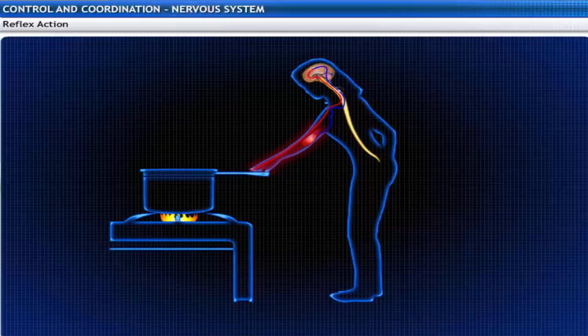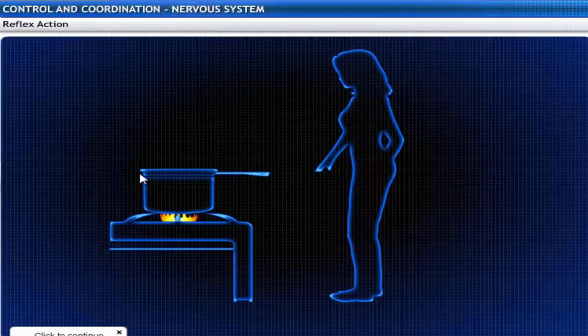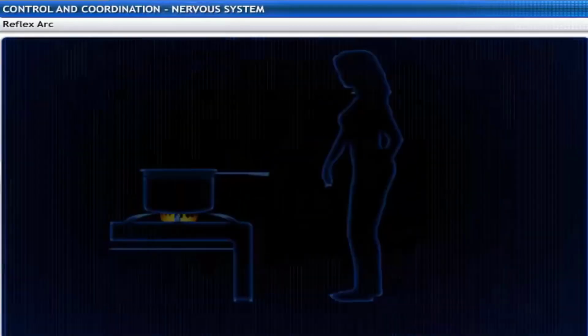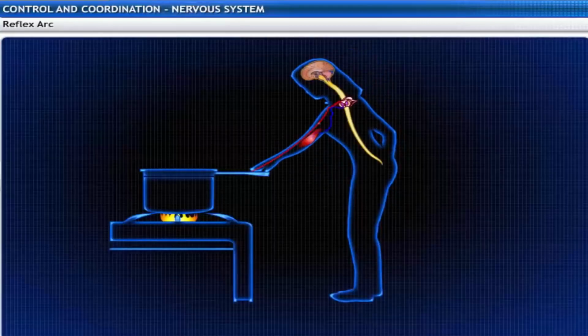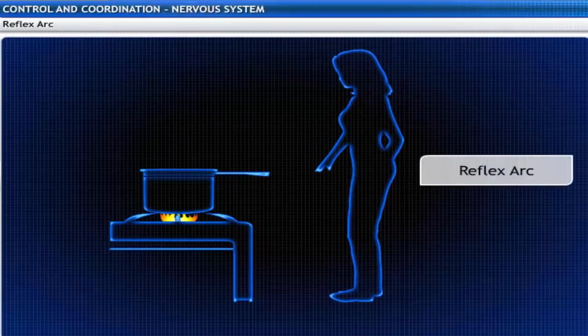This is a relatively long process and may result in a burnt hand. To overcome this problem, the nerves that detect heat are connected to the nerves that move muscles. Now the process of detecting the heat signal is complete. This pathway is called a reflex arc.